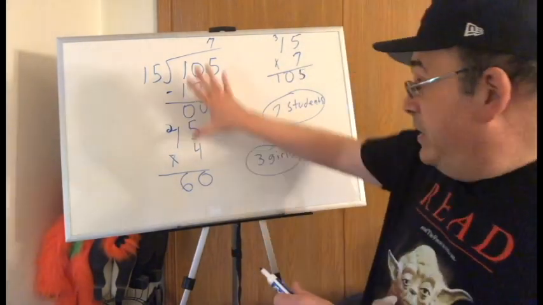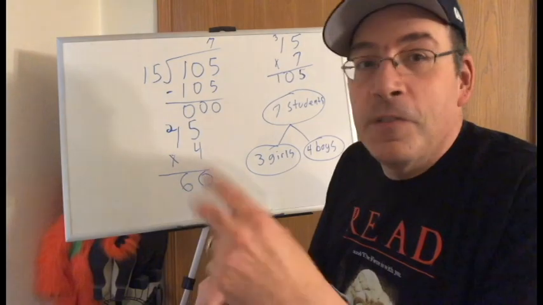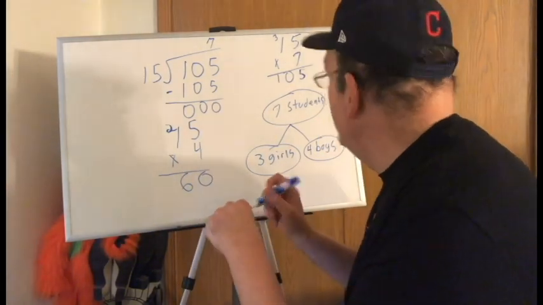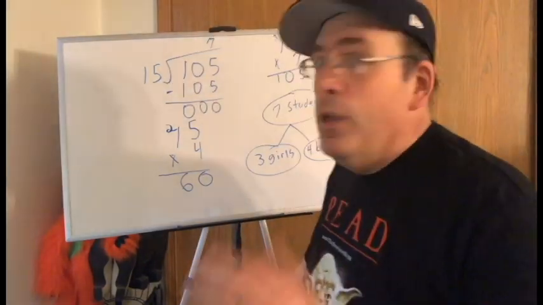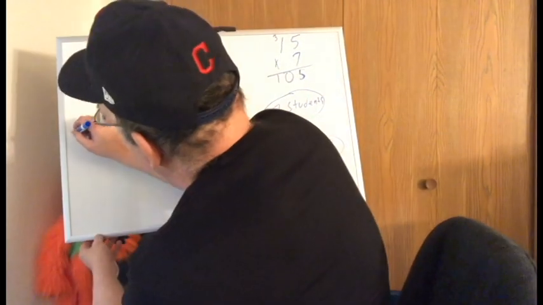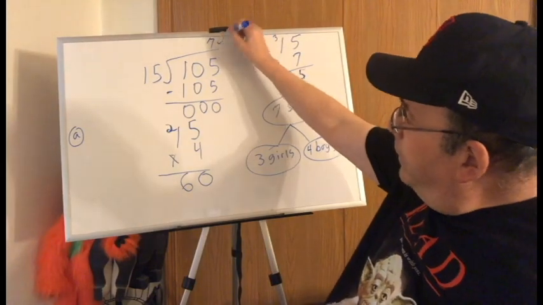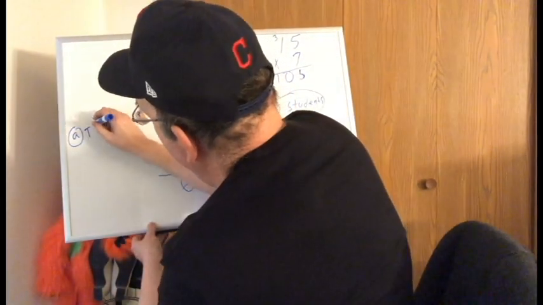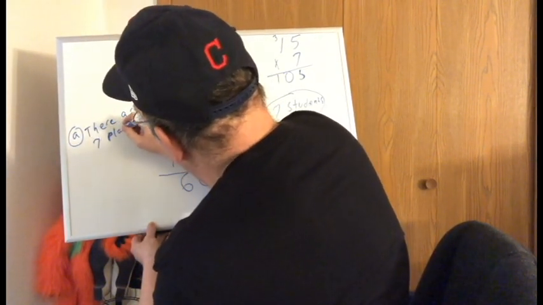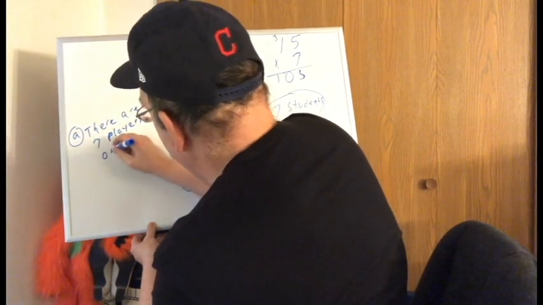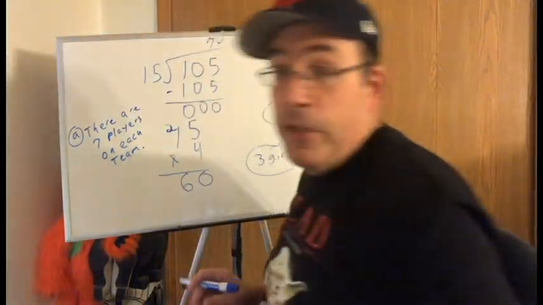We read the problem. We did a bunch of calculations. We even drew a little bit. Now we're ready to write our answers, plural, because they did ask you 2 questions. I'm going to scoot over there to write. Okay? So, first part, let's call it A. There were 7 players on each team. Okay, we solved that one up there. So, okay, complete sentences.